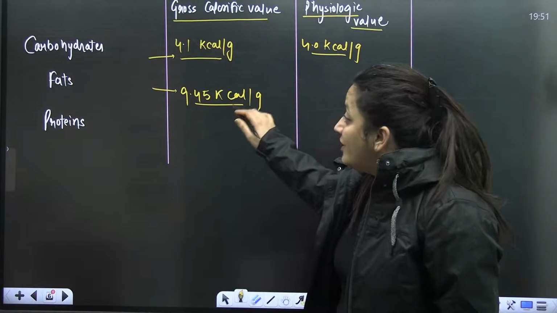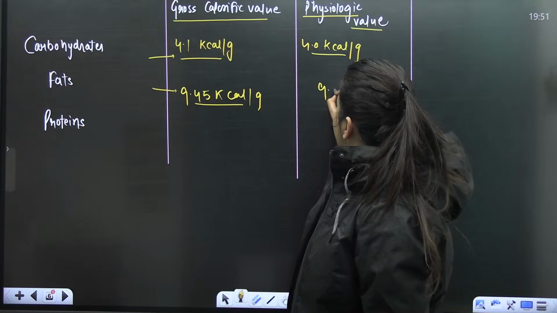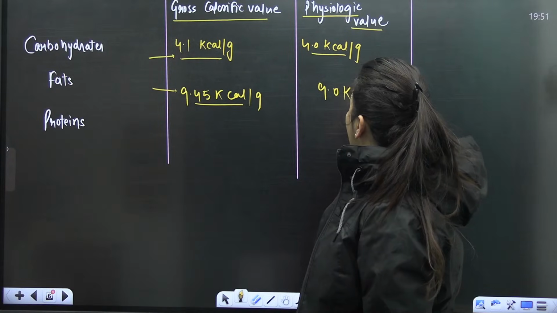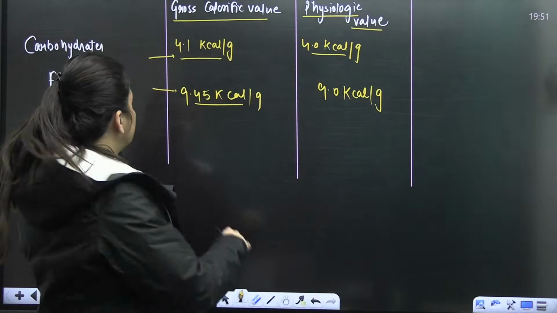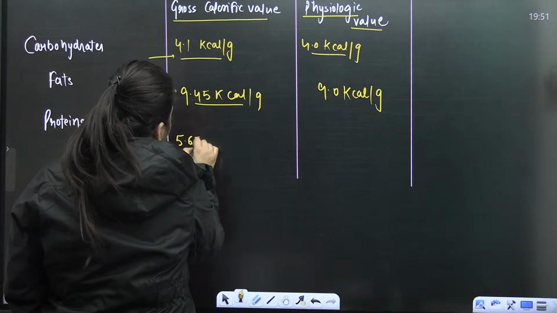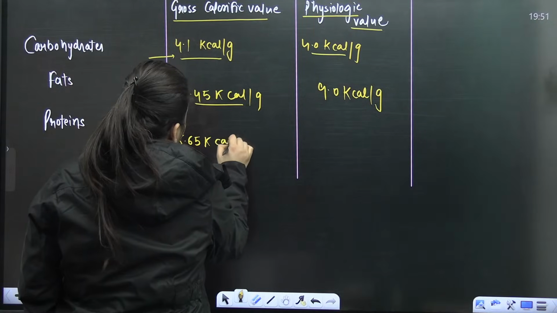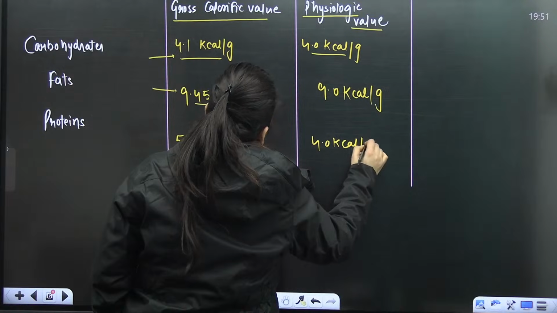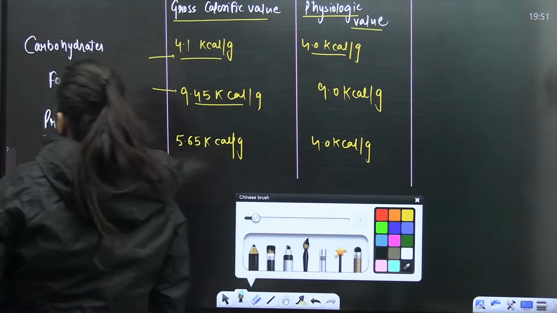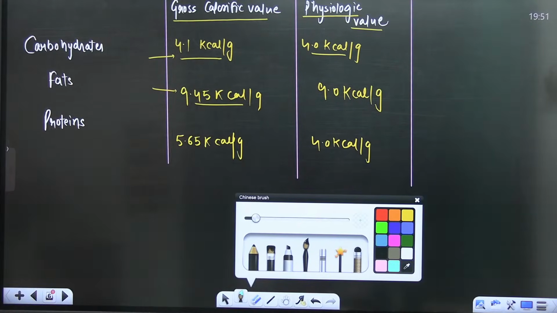So it is 9.45 kilocalorie per gram, and here it is going to be 9 kilocalorie per gram. You can see the difference here as well. And for the proteins, it is going to be around 5.65 kilocalories per gram, and here it will be 4 kilocalories per gram. So that's what you have to remember, everybody. Am I clear here?